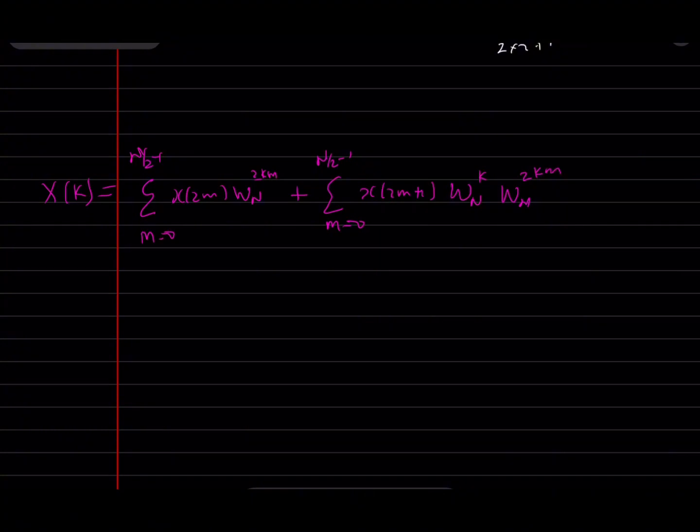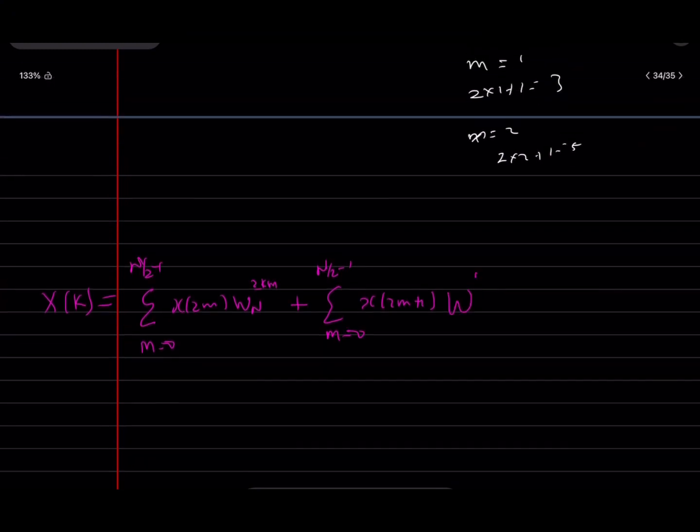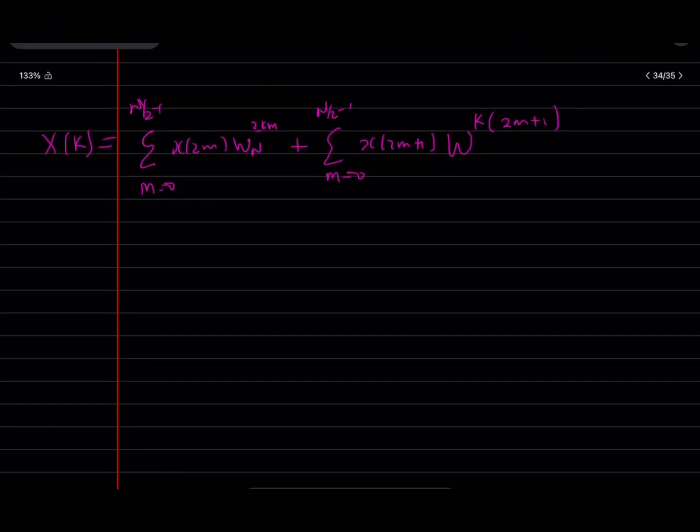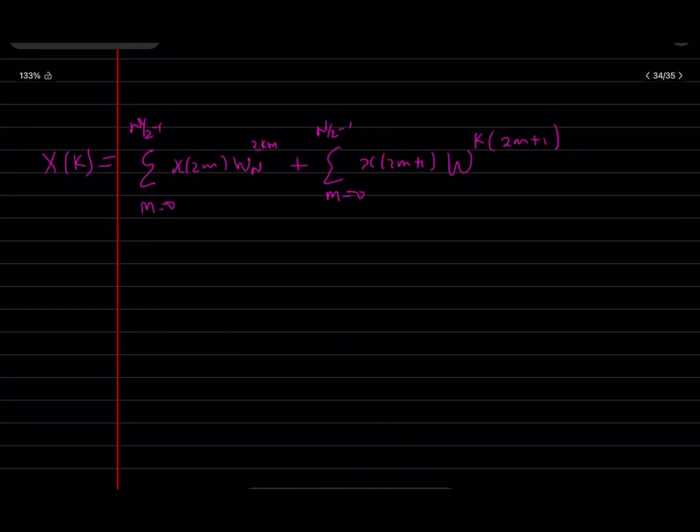People may not understand, so let me go step by step. Let me write here 2k into bracket 2m plus 1. You get me? So let's take them one after the other, right? So if you are taking them one after the other, we can do something like this.